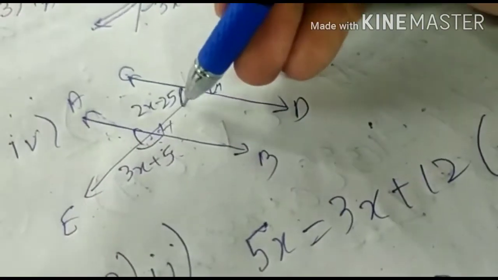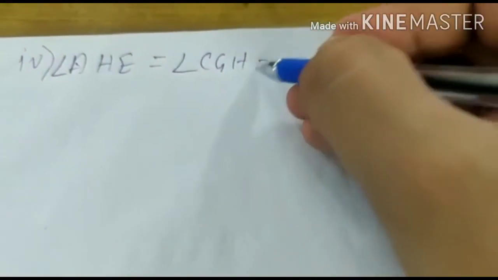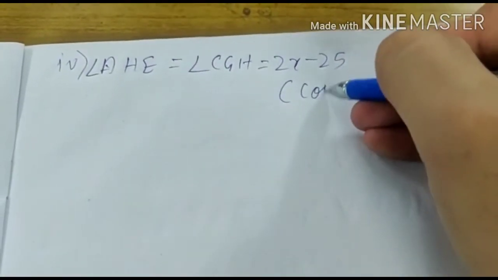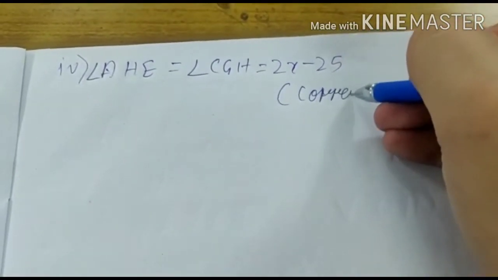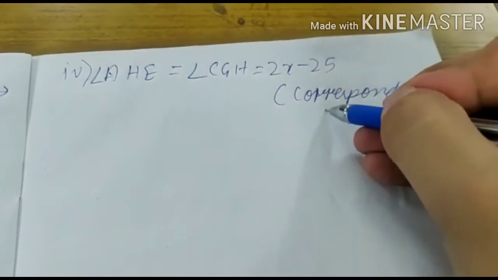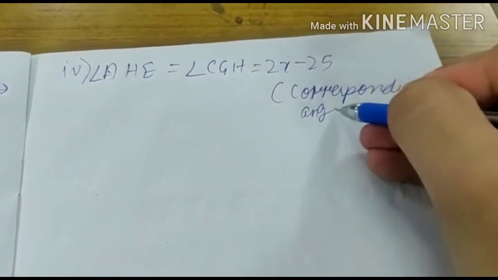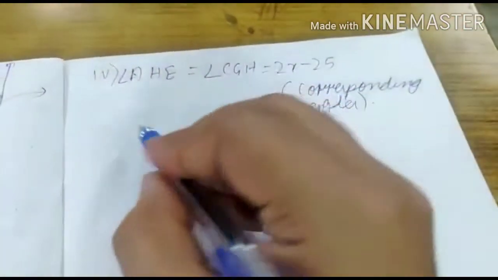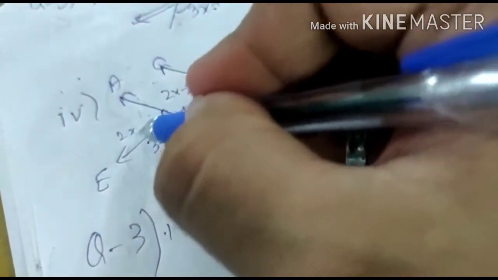CGH means this angle, equals to 2x minus 25. How? They are corresponding angles. Okay, these are corresponding angles, so we can write this 2x minus 25 here.